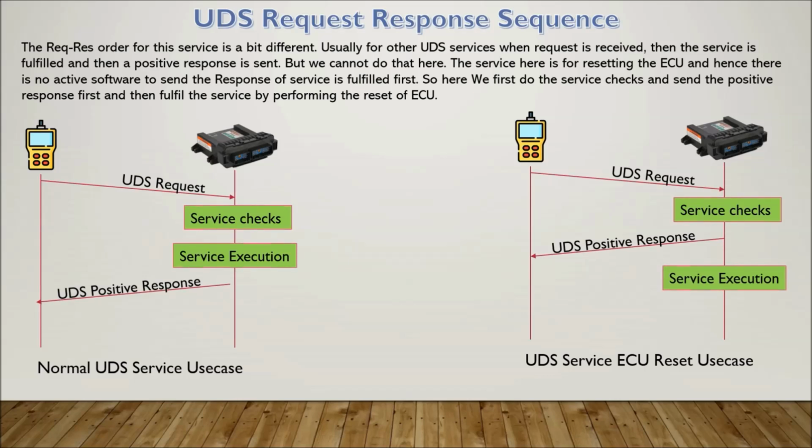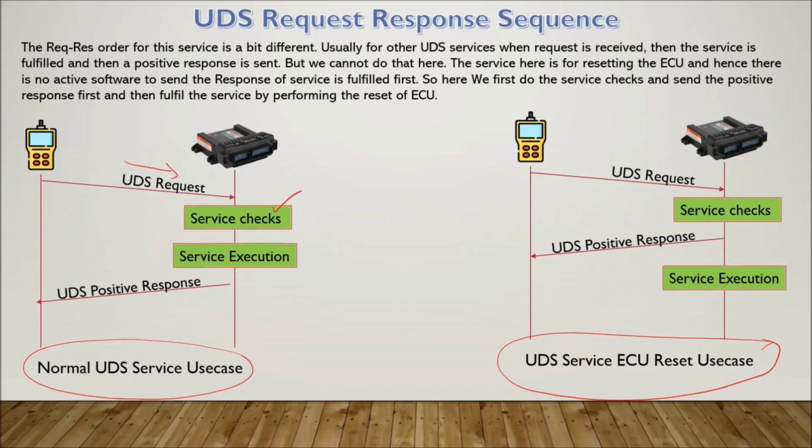I have demonstrated this as part of these two diagrams. Usually, the tester, which is a client, will send the UDS request. The server, which is an ECU, will perform the service checks, that is, check whether whatever is requested in the UDS service is possible or not, whether the format of the service request is correct, whether the proper diagnostic state is there or not.